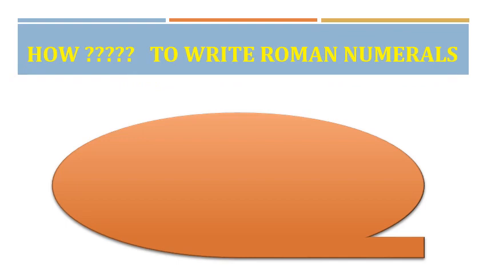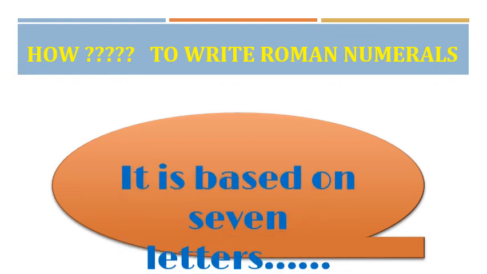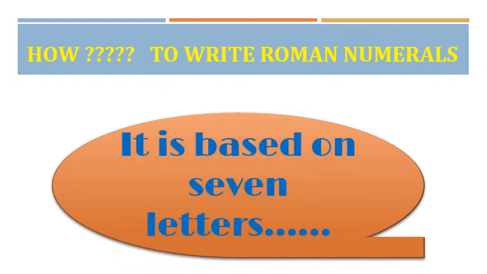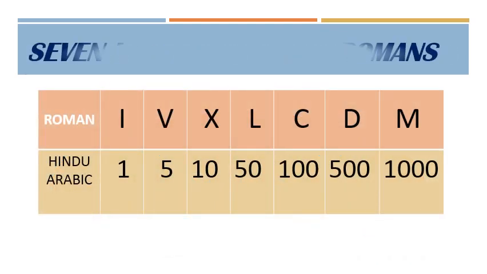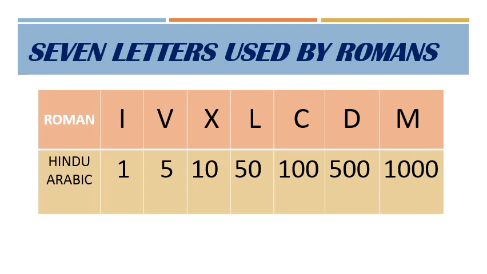Now, how to write Roman numerals? It is based on 7 letters. The 7 letters used by Romans are in front of you, my dear children. These 7 letters have specific meanings.